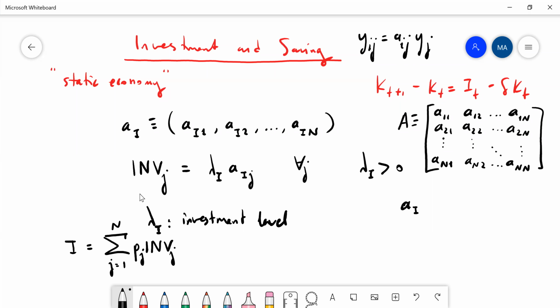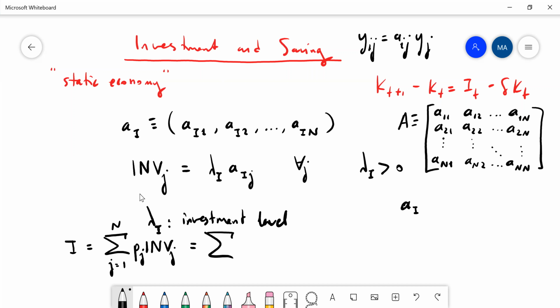That's total spending now. This one is total because I spent INVJ units for the J good when my investment level is lambda I. Okay? So in total, I make this investment spending. Again, this is a nominal variable. This is total investment spending now.